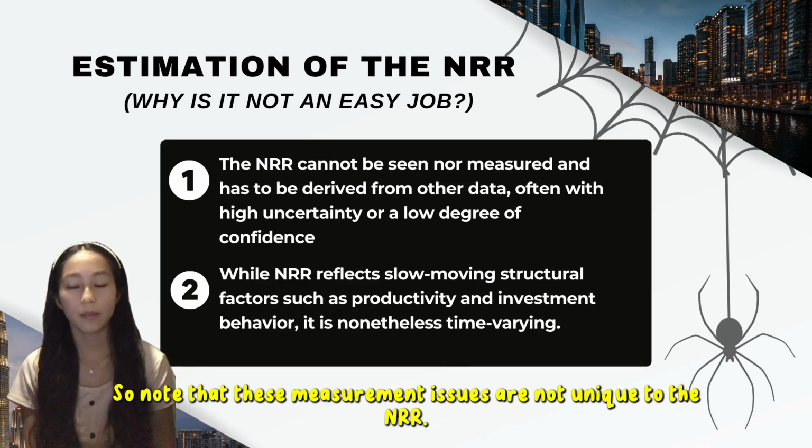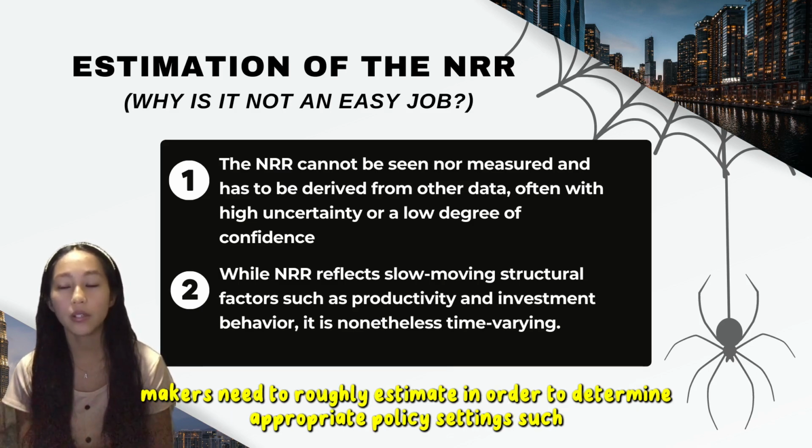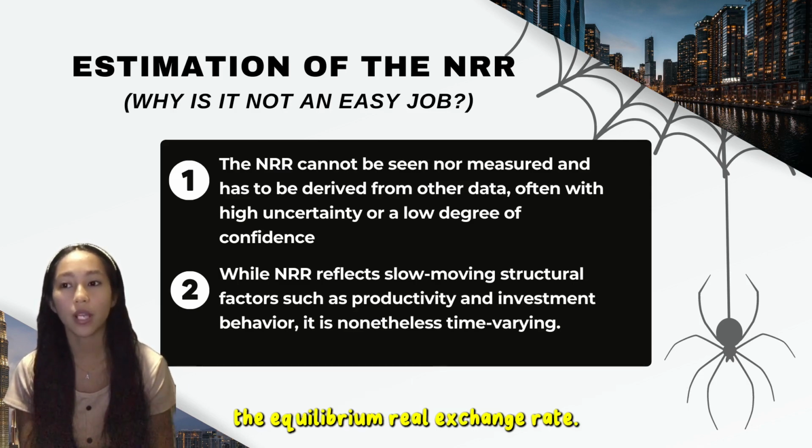Note that these measurement issues are not unique to the NRR. There are many other unobservable and time-varying economic variables that monetary policymakers need to roughly estimate in order to determine appropriate policy settings, such as the determinants of household saving and consumption decisions and the level of the equilibrium real exchange rate.